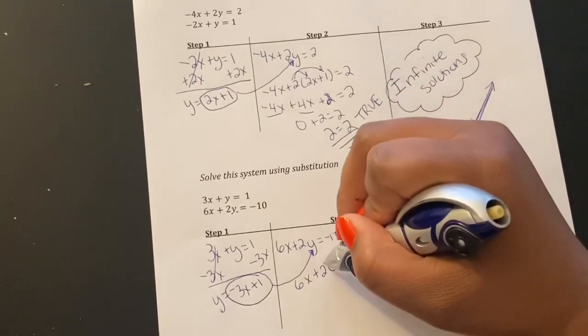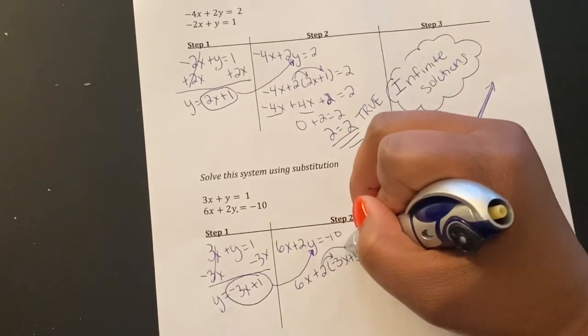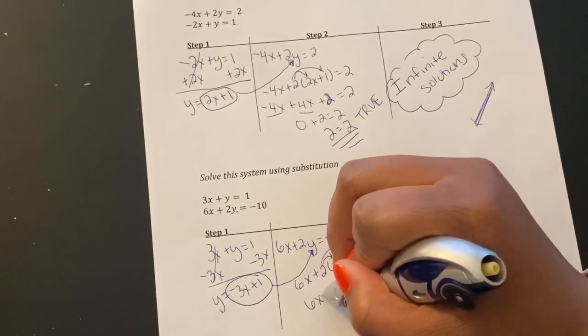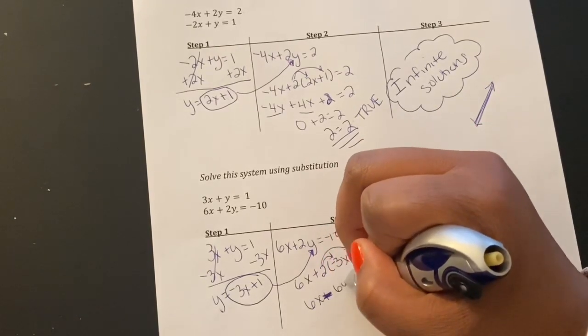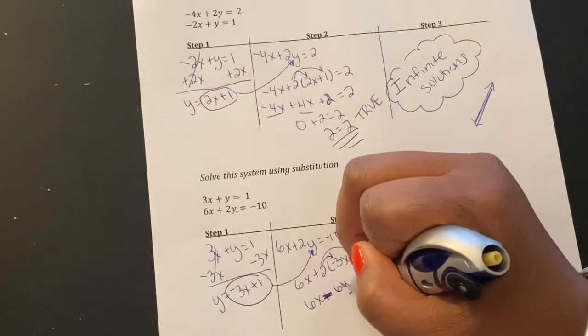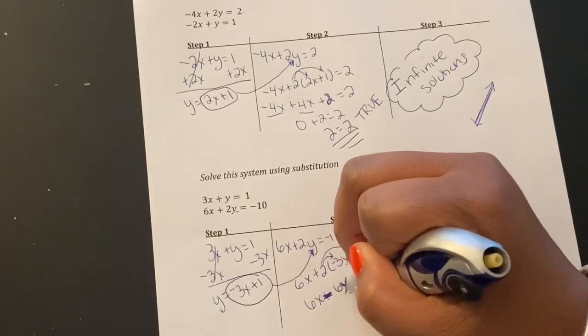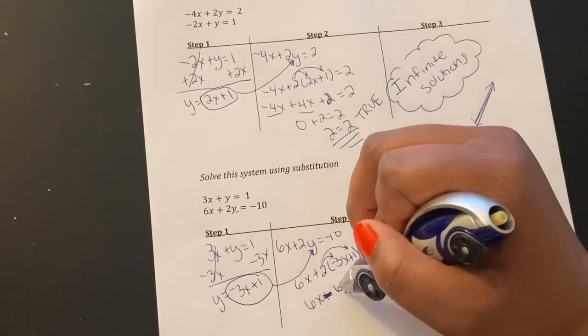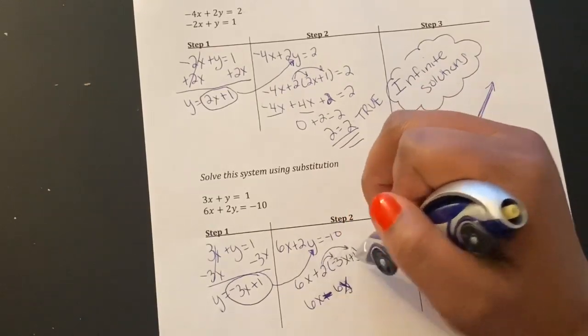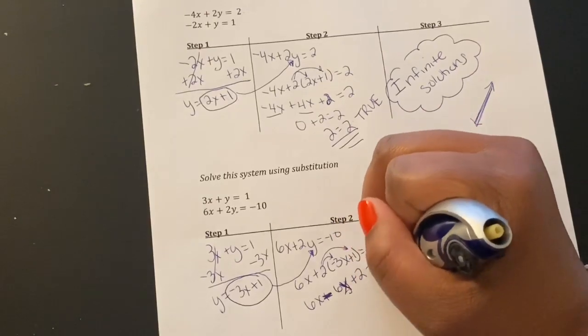Okay, do my distribution. 6x minus 6x, sorry y'all, because 2 times negative 3x is negative 6x, and then 2 times 1 is 2, equals negative 10.